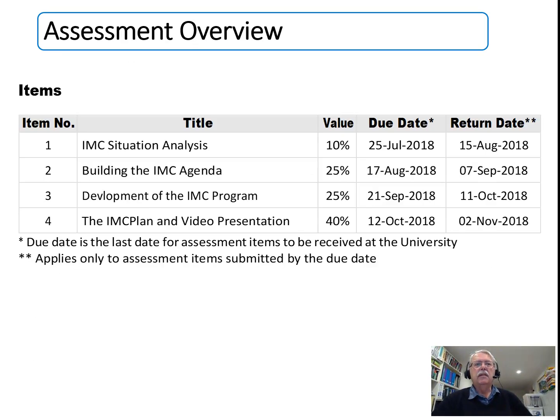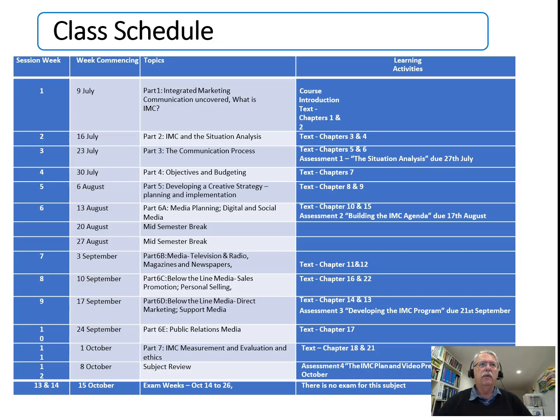Remember that this Assessment 4 covers two components, the IMC plan and also the video presentation. It's worth 40%, and it's due on the 12th of October. We're getting very close to the end now.